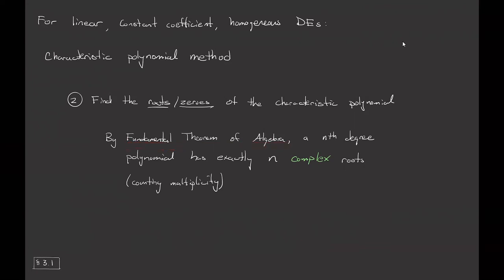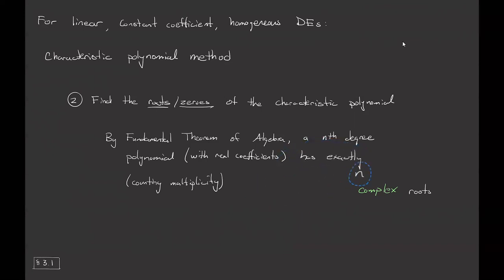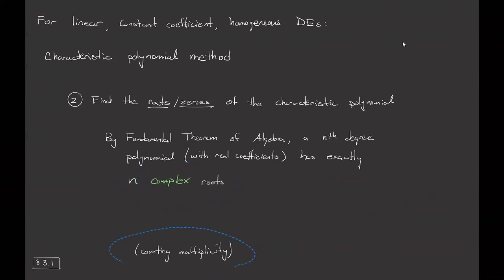And it essentially says that if you have any nth degree polynomial, and maybe I should be a little more exact, a polynomial with real coefficients, that is real numbers for coefficients, this has exactly n complex roots.